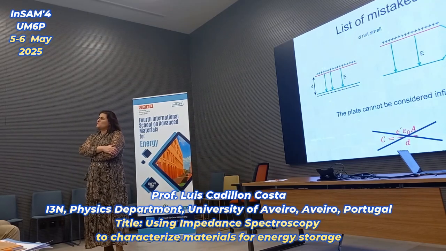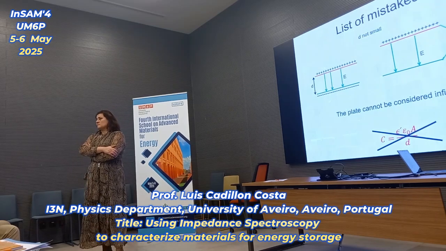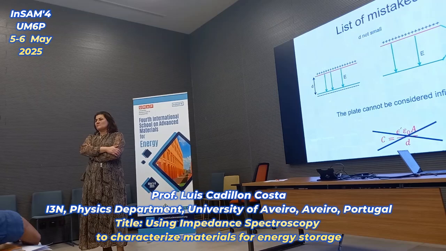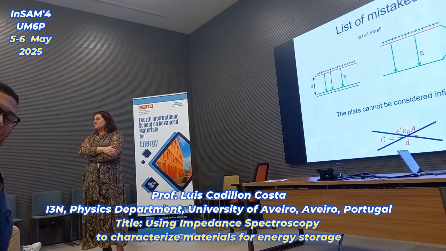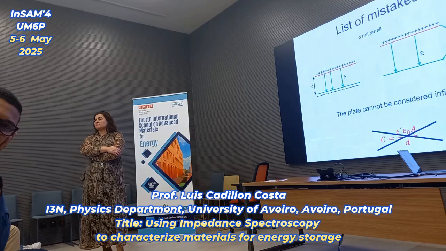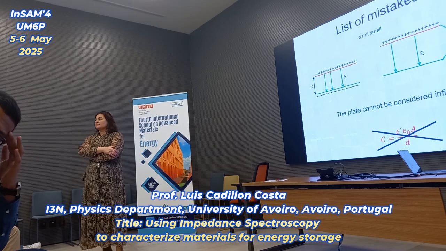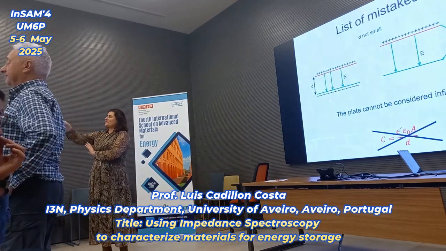So can you, Professor, please talk about that? I never made this kind of measurement on these materials, but for sure it also works. For sure you can see the diffusion between membranes, for example, using impedance spectroscopy. But I never tried with these materials.